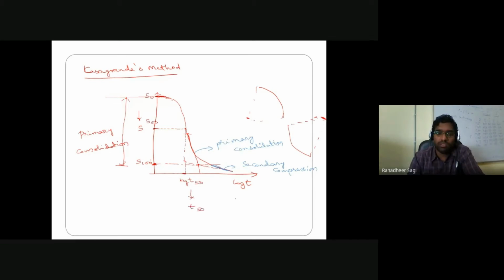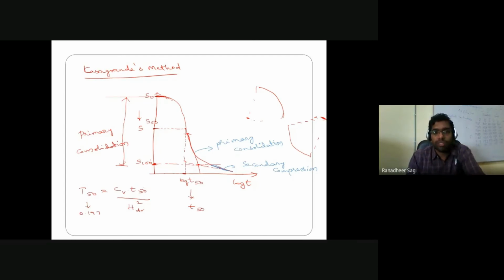Once I know my T50 value, let me go back to the same basic fundamental expression we had for the time factor. So once again, the time factor corresponding to 50% degree of consolidation is Tv = Cv × t50 / HDR². The time factor for 50% degree of consolidation is a standard value, which is 0.197, and the time required for 50% degree of consolidation we are getting from this curve.